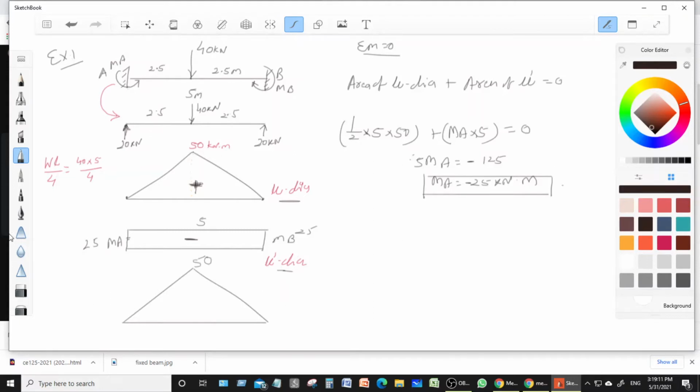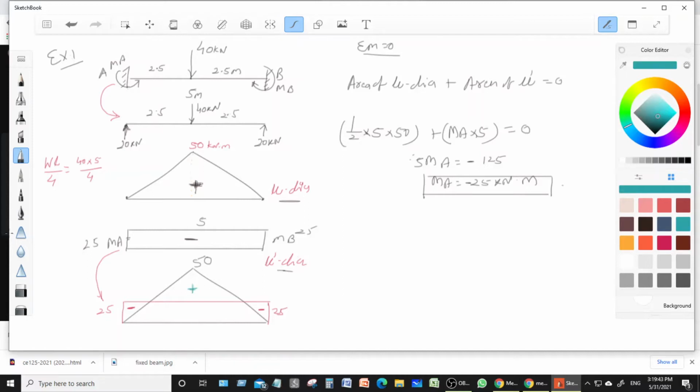Then you superimpose the Mu dash diagram over the Mu diagram, and that is 25, right? This is going to be negative and this is going to be negative, and this mid portion is subjected to positive moment.